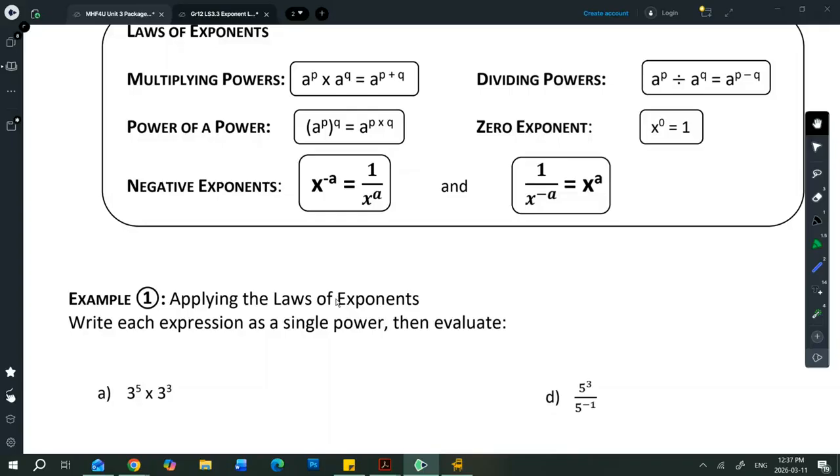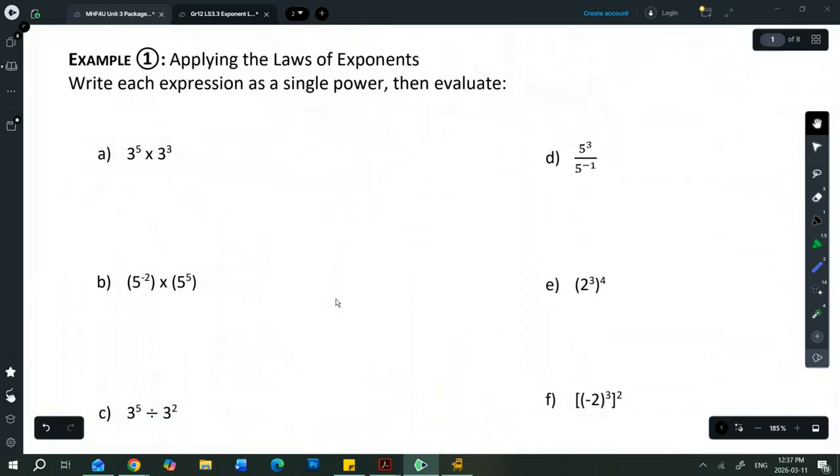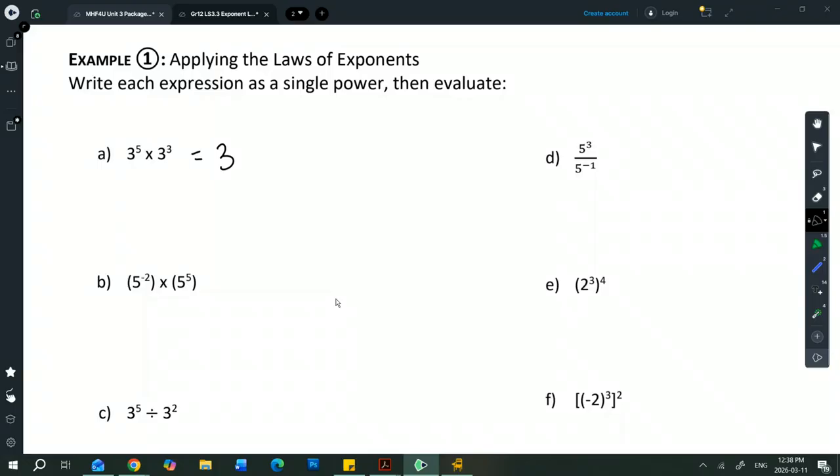Okay, so multiplying powers says that we will keep the base as is and add the exponents. So I'm going to keep the 3. And then we'll express the exponent 5 and the exponent 3 as an addition. So 5 plus 3. Okay, and then we'll have 3 to the exponent 8.